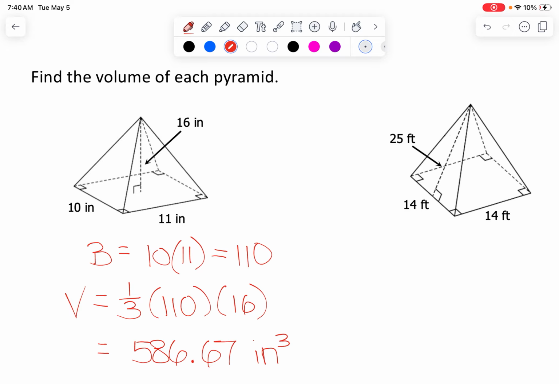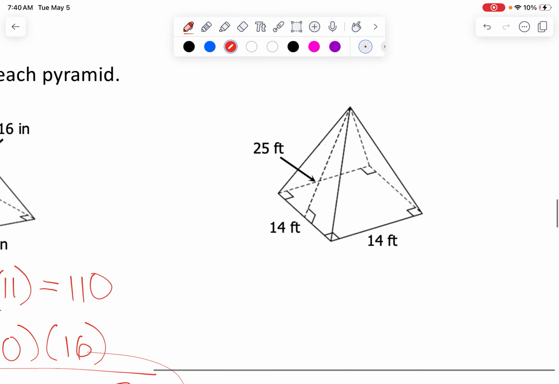Remember, volume is cubes, how many cubes fit in there, so our units should be cubic units. Okay, and that's my answer there. Hopefully that makes sense.